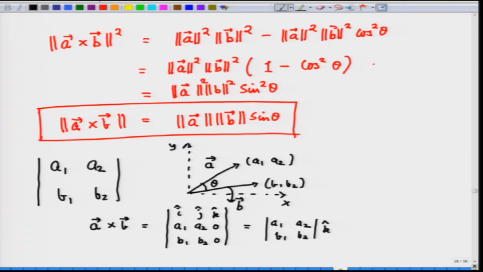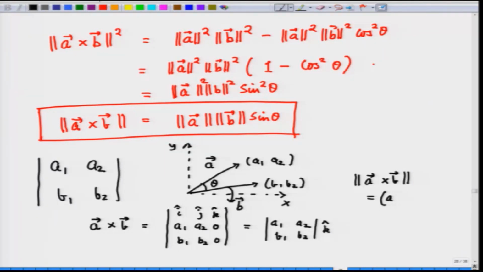So, for the parallelogram in the plane, what is the magnitude of this vector? So, the magnitude of A cross B in this particular case is nothing but, you take the magnitude on both sides, the norm of K is 1, right, this is the K vector.